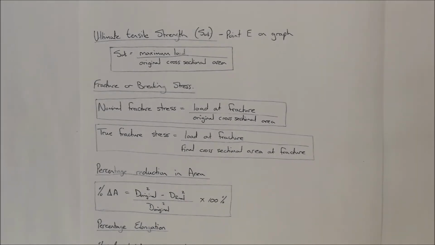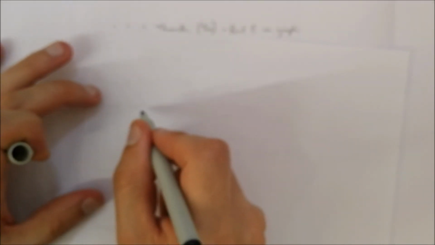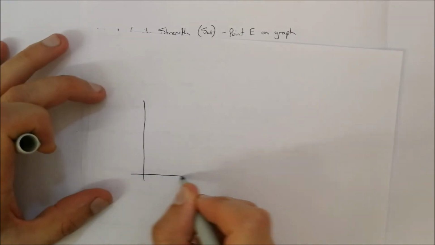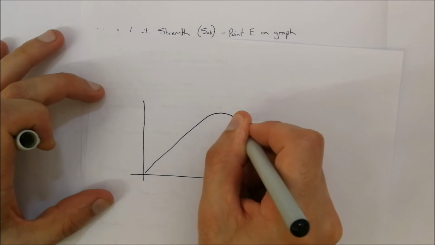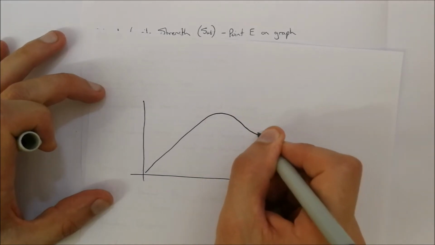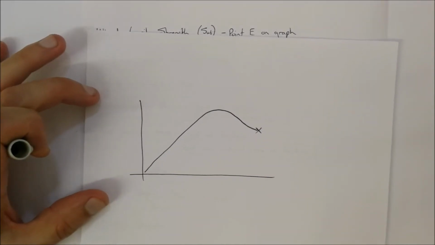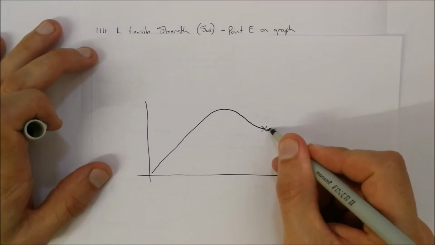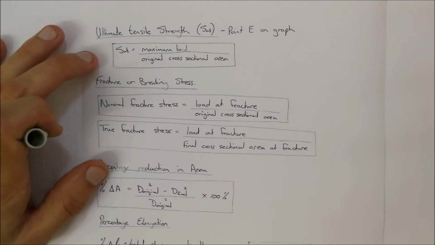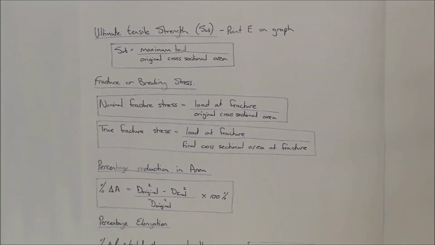So if you remember with the graph from the experiment that we performed, you had axes like this. It went up, got to the ultimate tensile point, then came down, and then eventually it broke over there. Okay, so essentially this is the point that we are looking at. Like I said, the nominal fracture stress is the load at fracture divided by the original cross-sectional area.